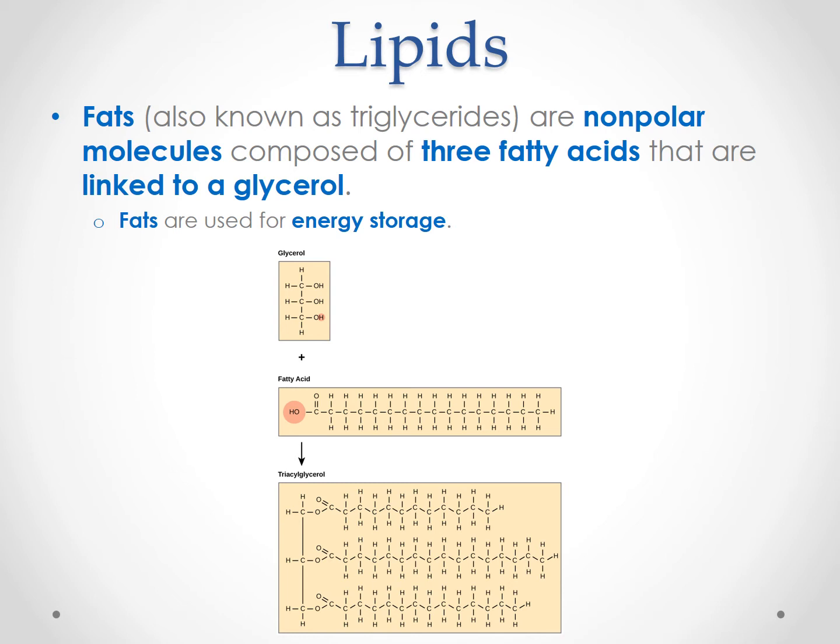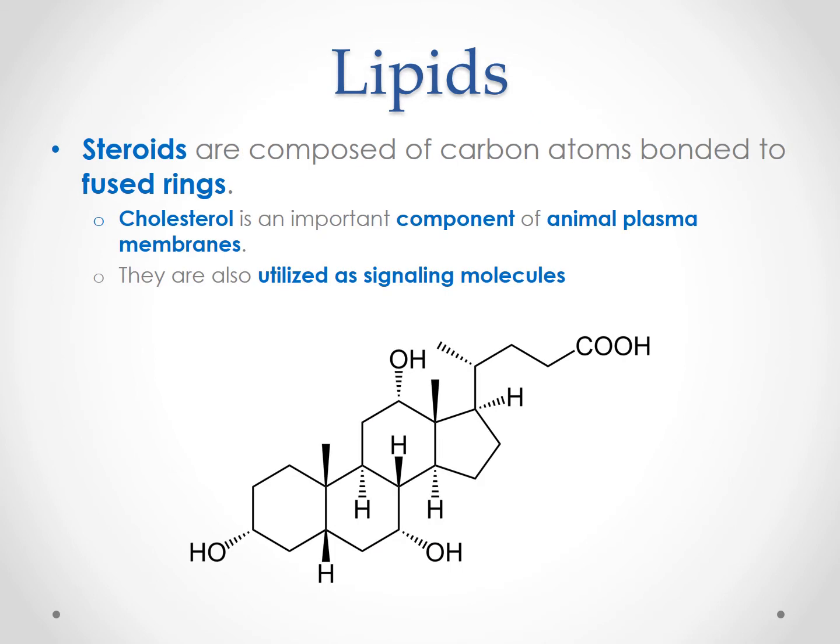And so, of course, we know that fats are used for energy storage. A lot of animals maintain fat reserves so that, when food is scarce, they are able to break the fat down to make ATP, for example.